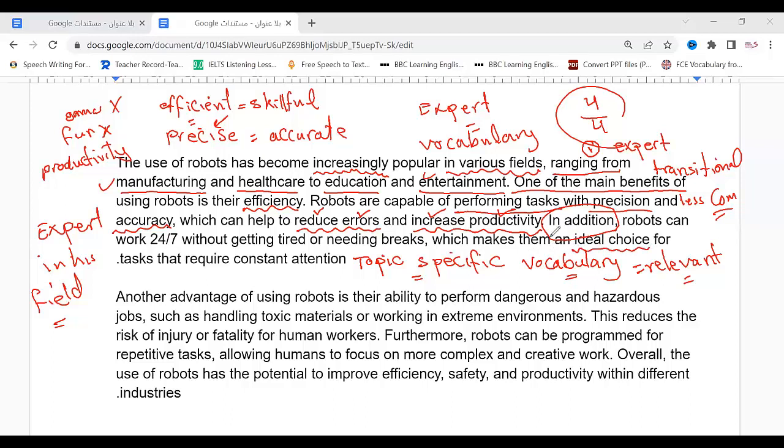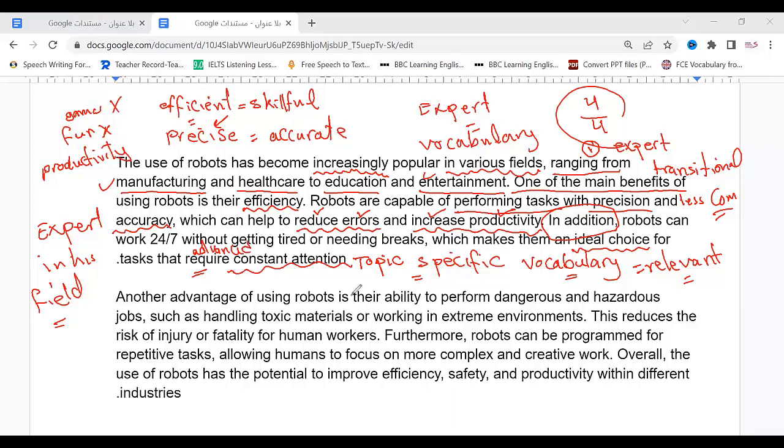Ideal means perfect, which is also a perfect term that is used here for tasks that require. Require means need, but this is a good one, which sounds advanced as well. Constant attention. This is a good technical vocabulary and less common vocabulary.